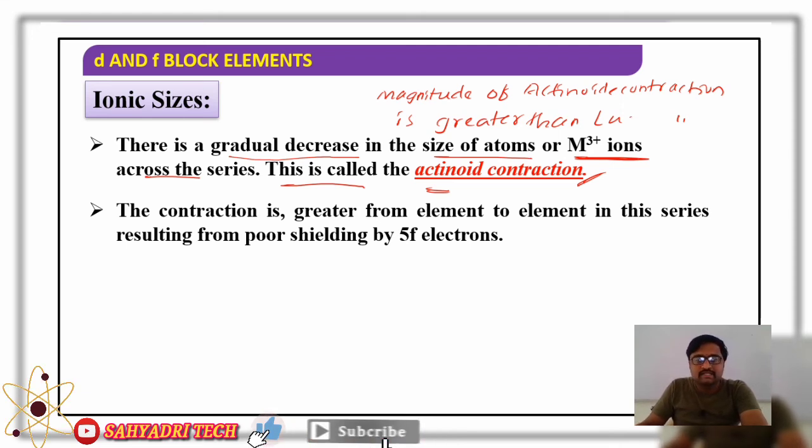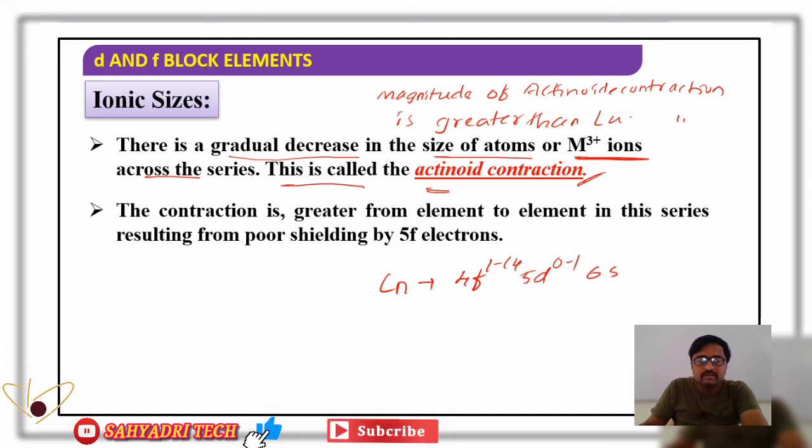Why is it so? If we consider lanthanides: 4f 1 to 14, 5d 0 to 1, 6s2. Coming to the actinides: 5f 1 to 14, 6d 0 to 1, 7s2.